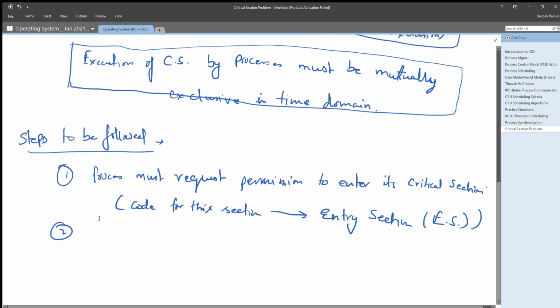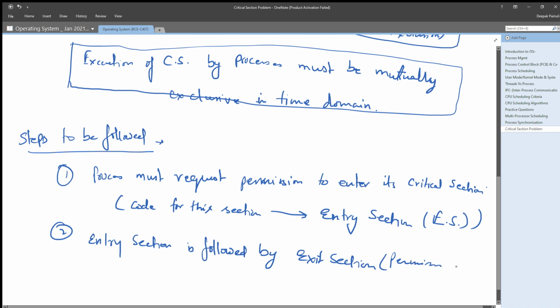Second, the entry section is followed by the exit section, or permission to exit the critical section, right? Entry section, exit section, and critical section.